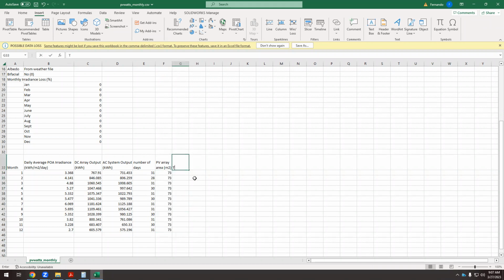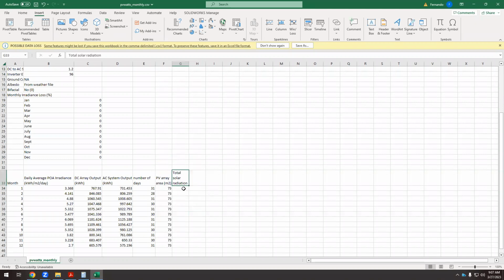So what is the total solar radiation? It's the same thing that we have done before. We can type here equals, and we can multiply this times the number of days times the area.